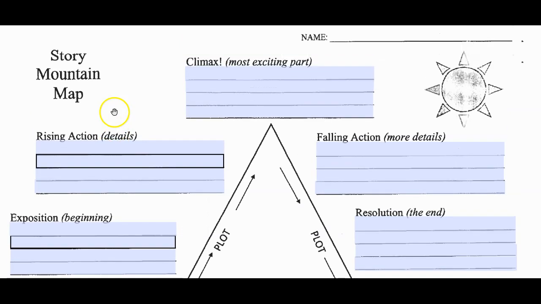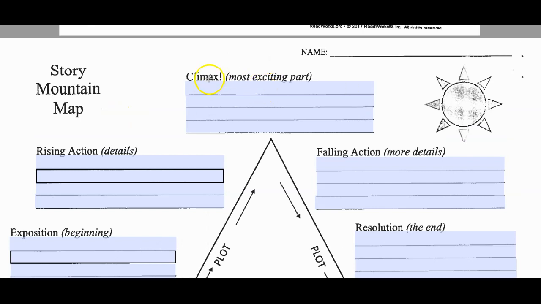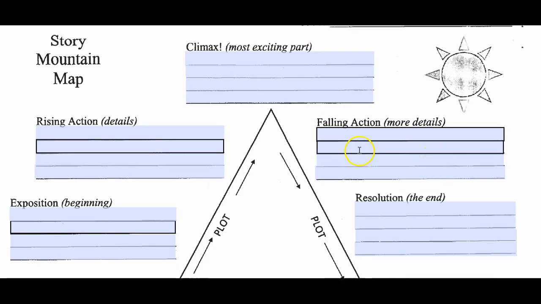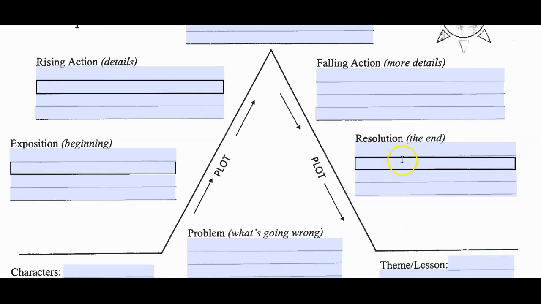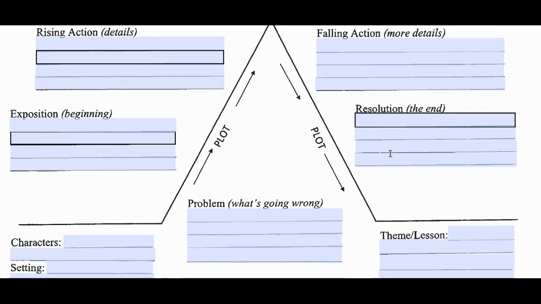The top is your climax, meaning the most exciting part of your story goes here at the top. Okay, some falling action, more details of what happened, maybe a little bit after the exciting part. And then you put your solution or the end to your story.